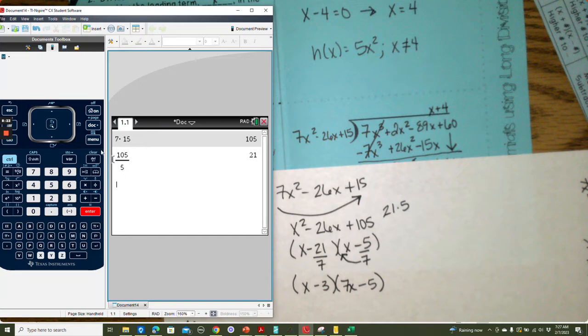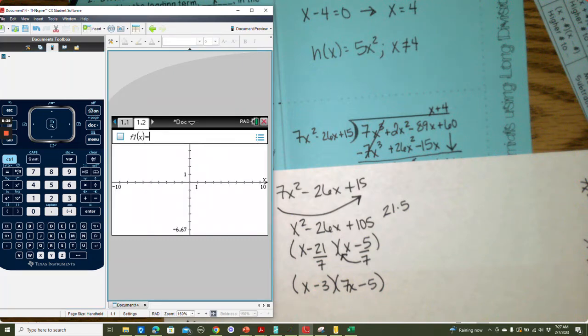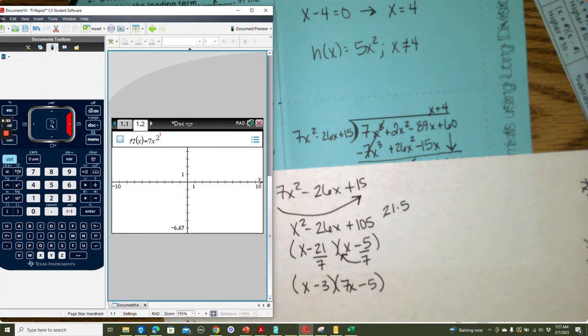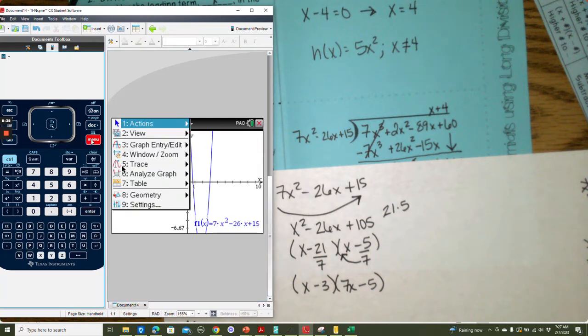The other option that I do have, in a case like this, it's not as accurate, but you can always graph it. And then you can find your zeros. So menu 6, 1.